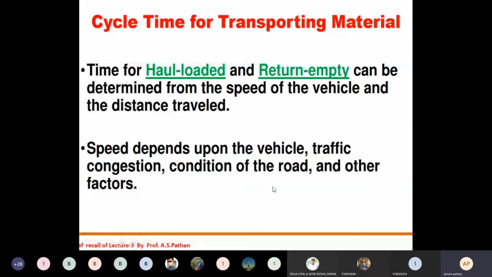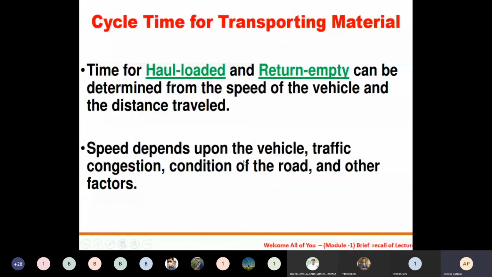So the condition of the road plays an important role in reducing the cycle time, and there are other factors also. Other factors mean the environmental conditions. If there is rainfall, then ultimately the speed of the vehicle will reduce, and that's why the cycle time will increase.